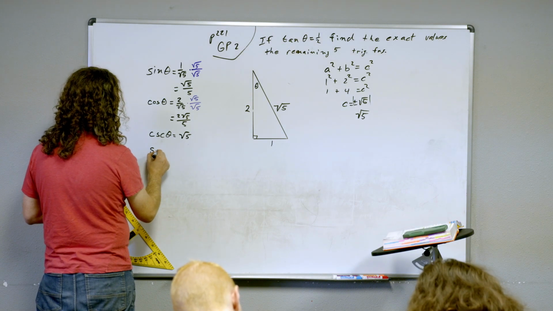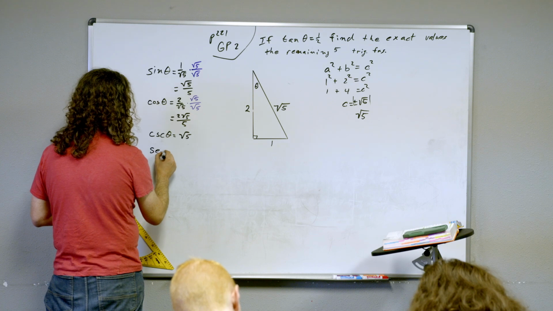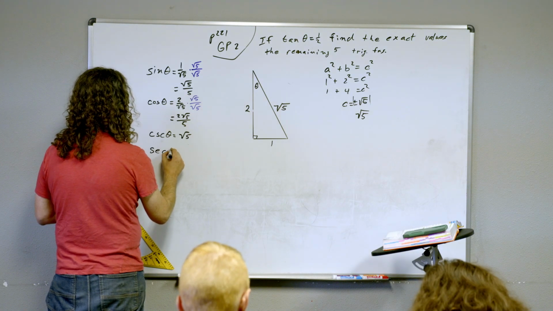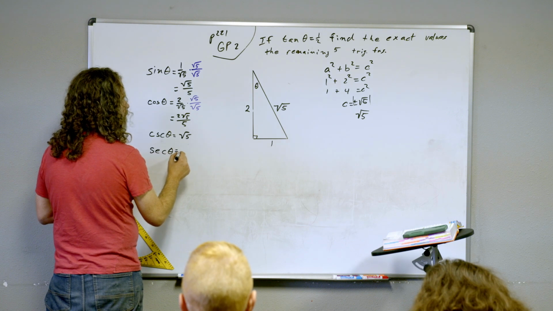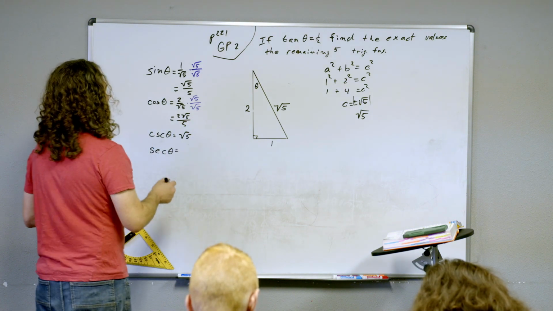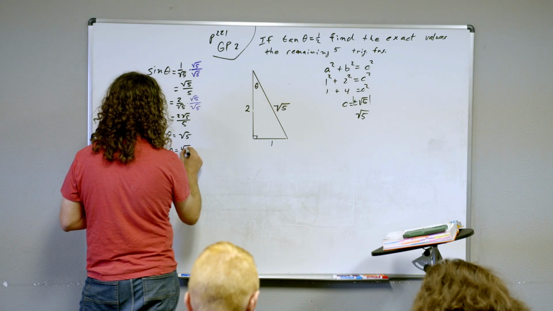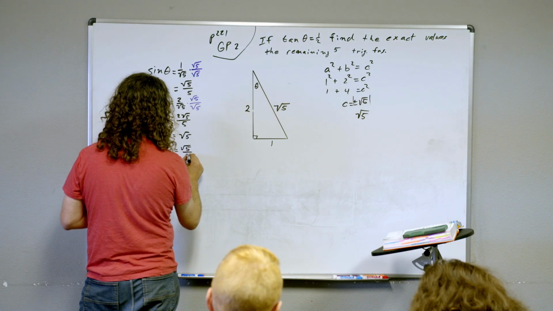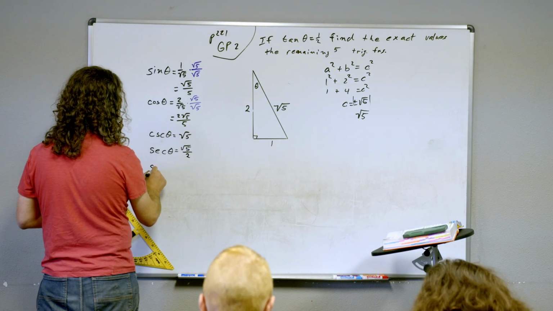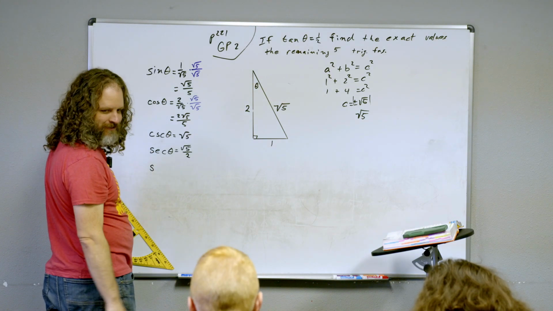And then secant would be what? The square root of 5 over 2 times the square root of 5. You flip it all the way. Yeah, you were getting there. You knew what to do. Wait. Did you say wait? I did say wait.